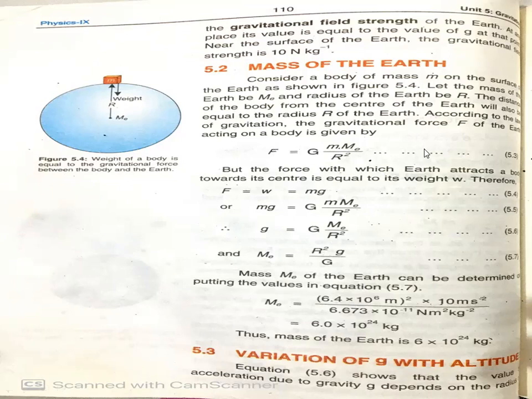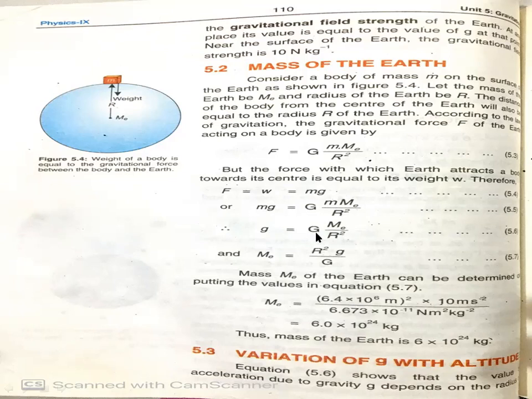My equation 5.3 becomes mg equals G ME divided by R square. This m will cancel with this m, because here it is multiplied, and if you take it down, it will be divided. What is left then is g equals capital G ME divided by R square.